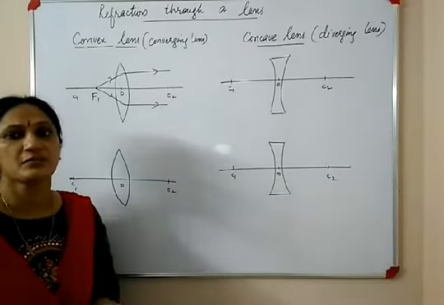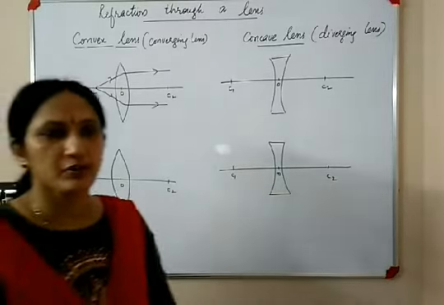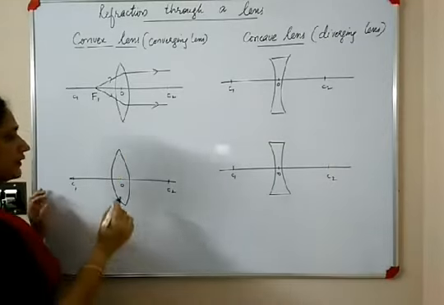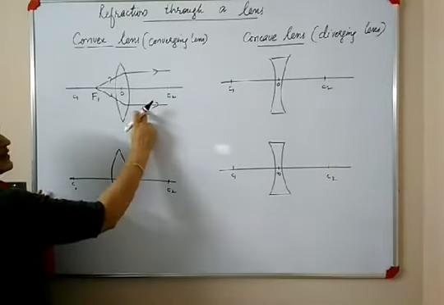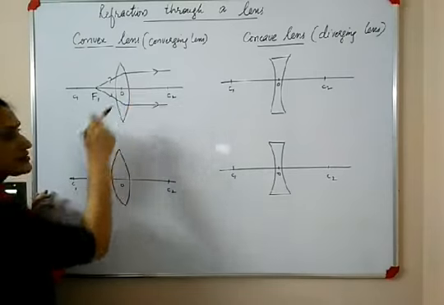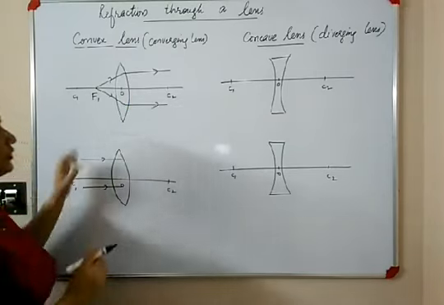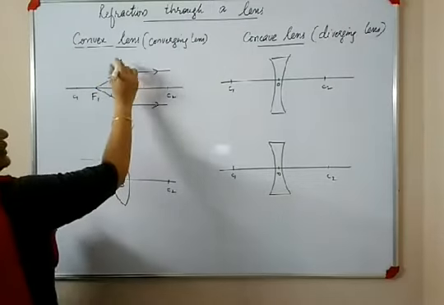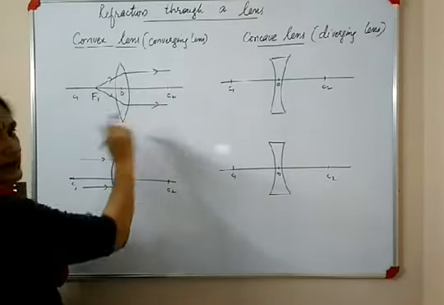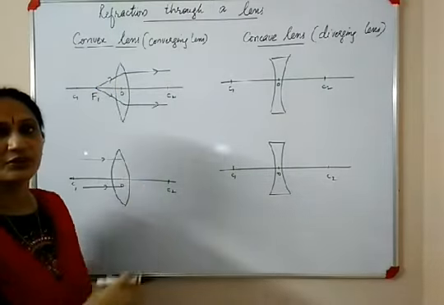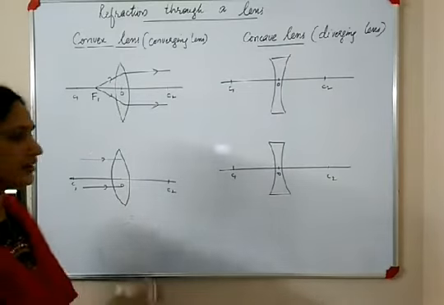Now let us see what is the meaning of the second principal focus of a convex lens. Here the emergent rays were parallel, but in this case incident rays are parallel. Remember, when you draw the light rays, draw up to the diameter of the lens as a straight line. From there you draw the emergent ray. The refracted ray we are ignoring.